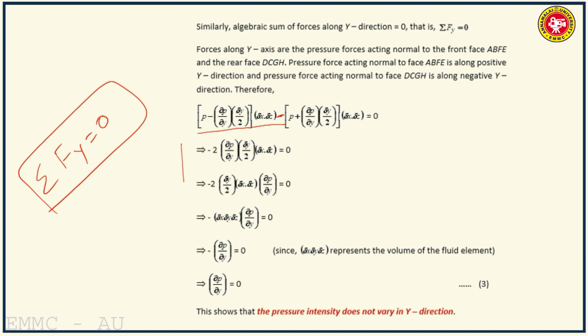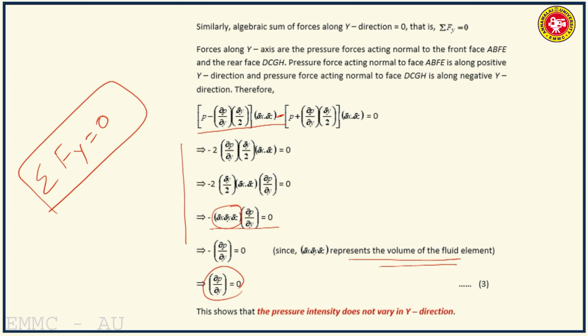When you simplify, you get minus delta x delta y delta z multiplied by dou P by dou y equal to 0. Delta x delta y delta z cannot be 0 because it represents the volume of the fluid element, therefore dou P by dou y equal to 0.